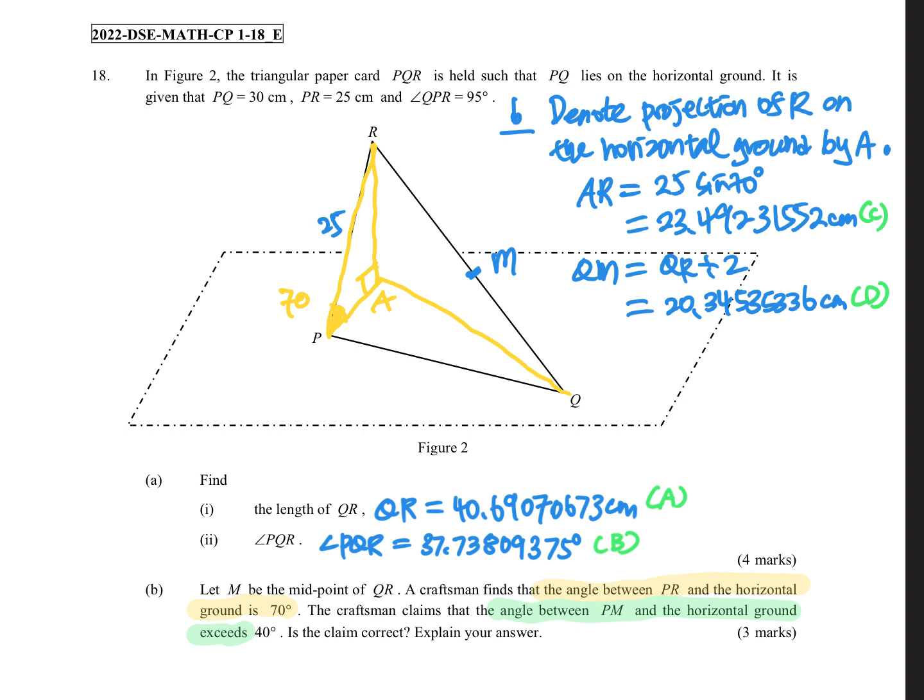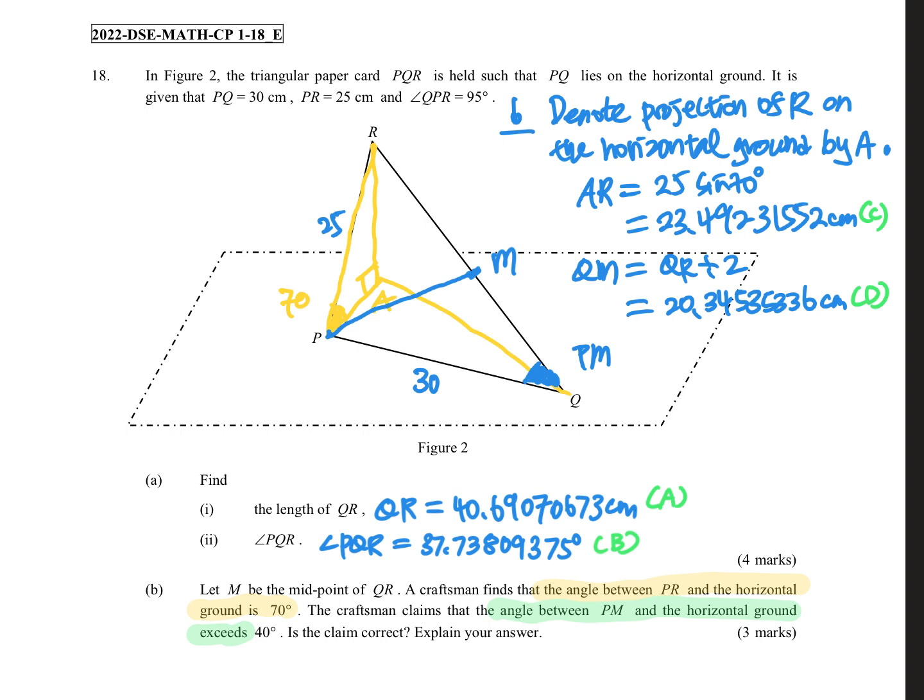Okay, good. And then after that, we can find out PM. We have PM and QM. Since we got this angle, and we have PQ, and now we have QM, we can find PM.